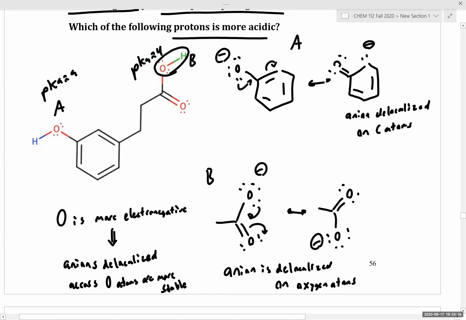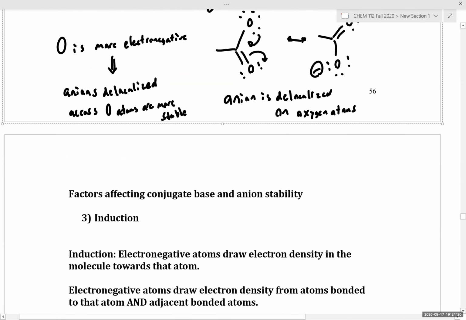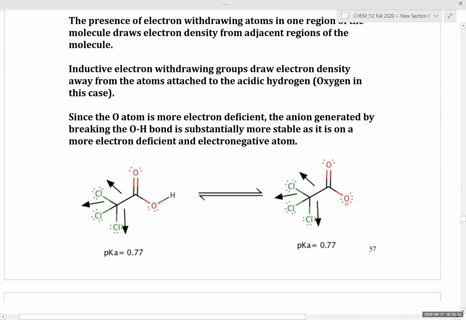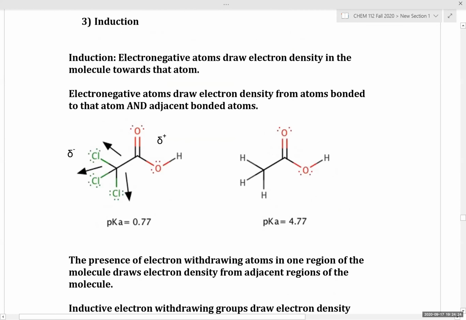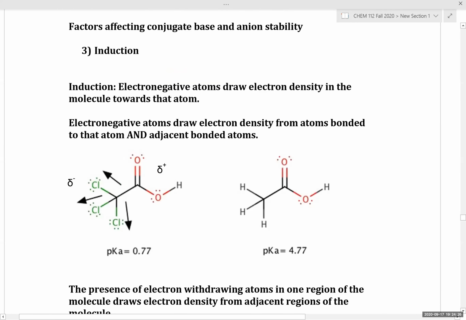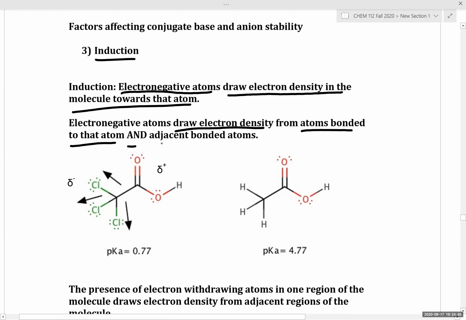So let's keep going now. The next effect we need to talk about is inductive effects. What is induction? Induction is the idea that electronegative atoms draw electron density in the molecule towards that atom. So electronegative atoms draw electron density from atoms bonded to that atom and the adjacent bonded atoms.